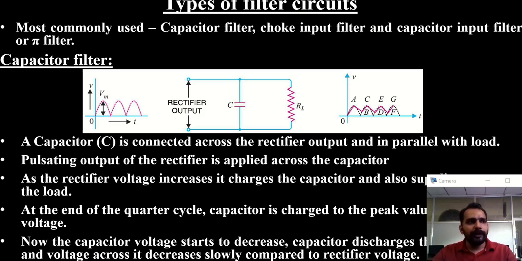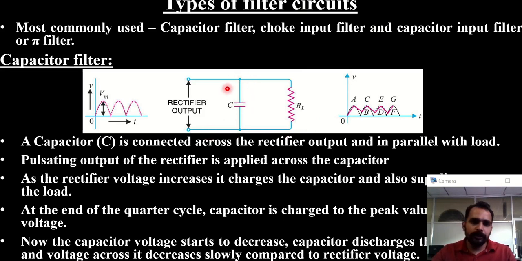As you know, a capacitor blocks DC and allows AC to pass through it, according to the basic electrical technology principles. Now let's have a look at this diagram. Here we have already mentioned that the filter circuit must be installed between the rectifier output and the load resistance.